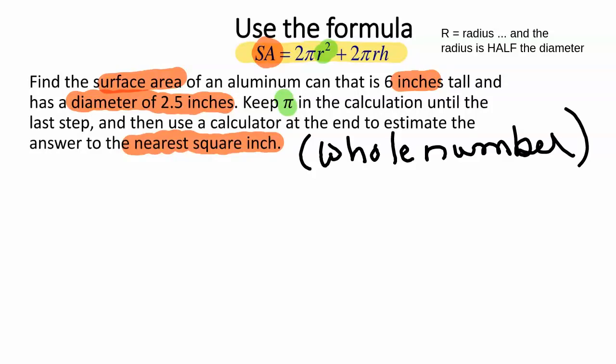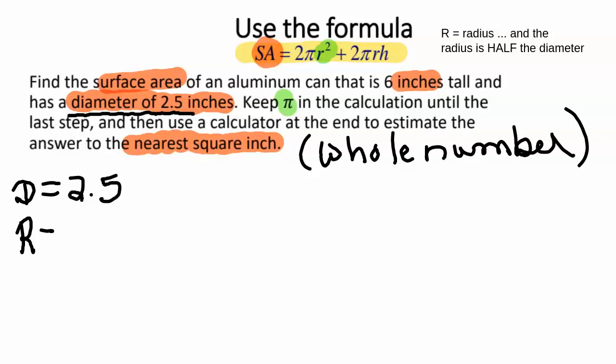Okay. Now, we got to come here. The diameter was equal to 2.5. The radius is going to take 2.5 and divide it by 2. That's the first thing we're going to do, which means when I see R, I am going to put 1.25. So here we go.